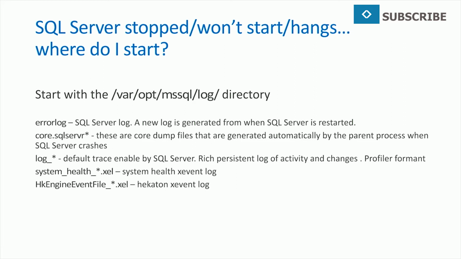One of them is a parent process, the other one's a child process. The parent process will actually trigger a core dump if it finds that there's something wrong with the SQL Server engine, right? So here there are other logs, which are default traces enabled by SQL Server. And there are also system health and hekaton related log files as well.